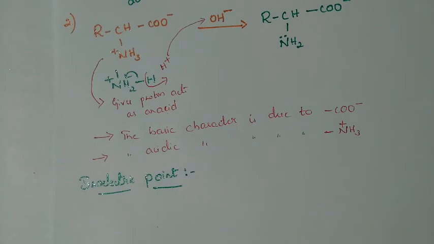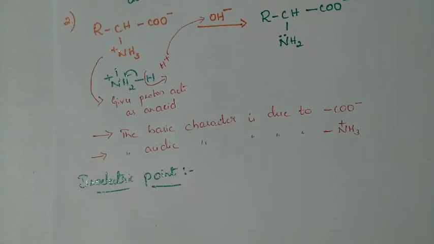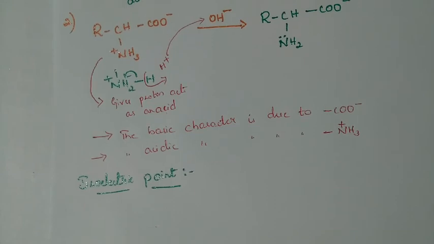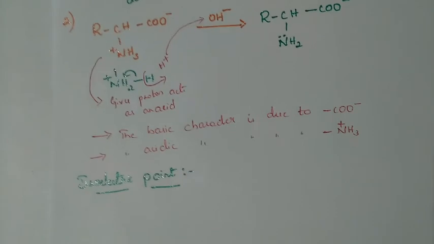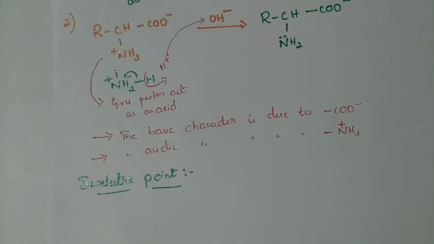We have seen Zwitter ion formation of alpha amino acids, that is, it is dipolar in nature. If it is dissolved in an aqueous solution and the solution is completely neutral in nature, then the particles don't move towards any of the electrodes.